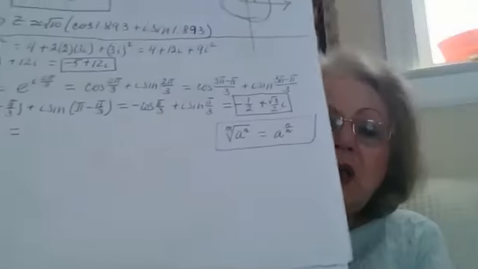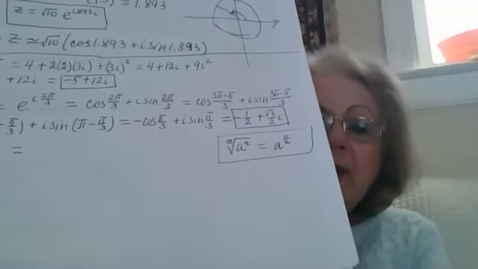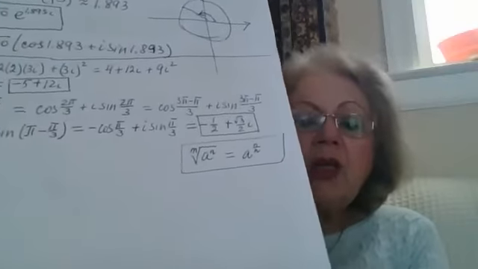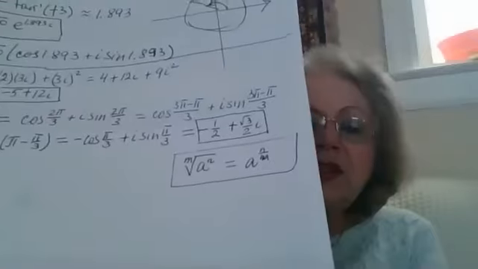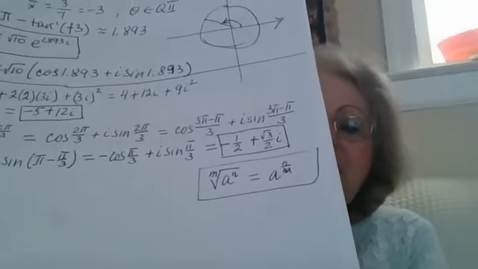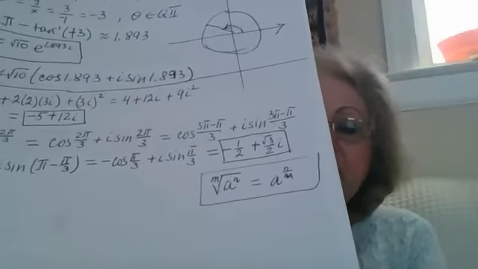So this is the radical form, but if I'd like to convert this into exponential form, it will be a to the n over m. The index goes into the denominator. A to the n divided by m.